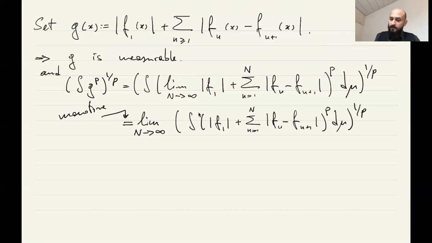Okay, so now this is the p norm. Maybe we can write it like this. This is the limit of the norm of this function here.